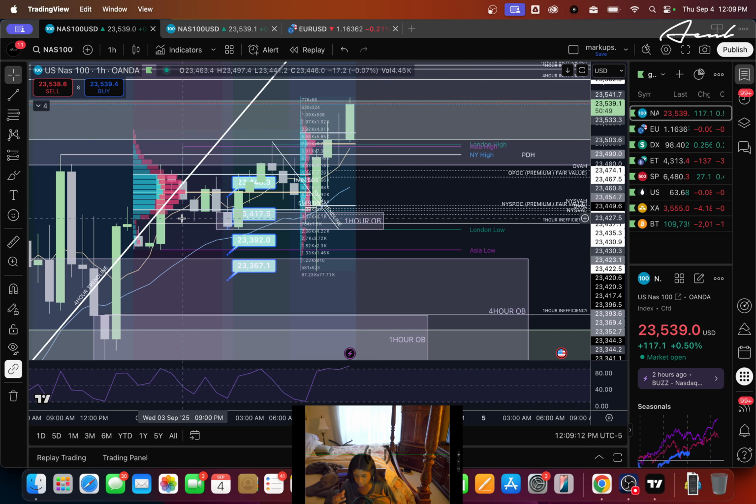Basically these different markups create my support and resistance zones, and it tells me overall where volume has been.